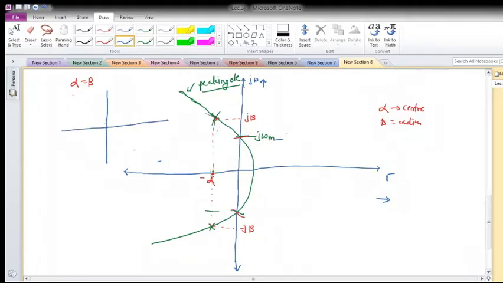Okay, and now when alpha is equal to beta, same, take alpha as a center, beta as a radius, and you draw the circle. So if you draw the circle, it will not intersect on the imaginary axis, but it will pass through the origin. Okay, and this will be my omega m, which is omega m equal to 0.